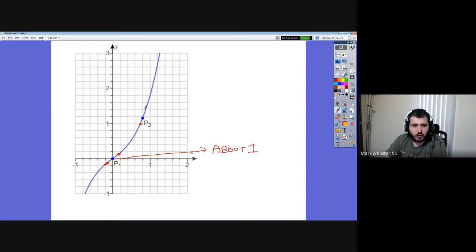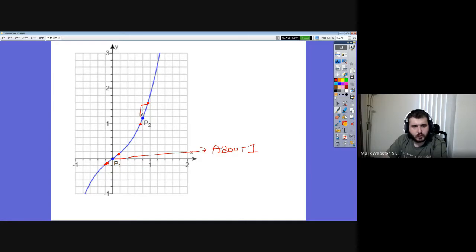And then for this one, kind of 3-ish, I think it looks like. Right, like up 1 over 3 here.